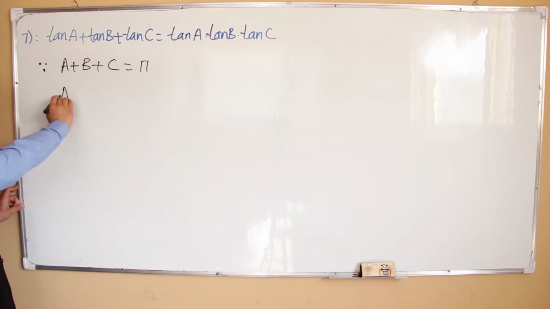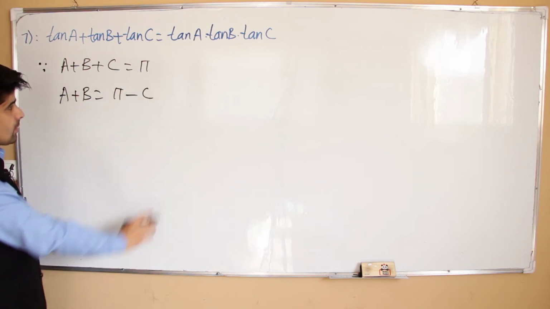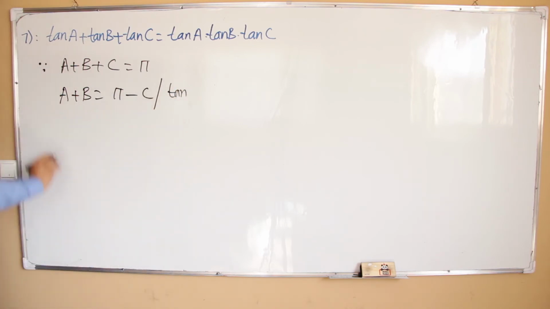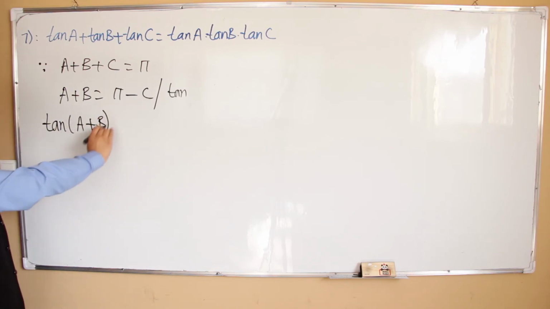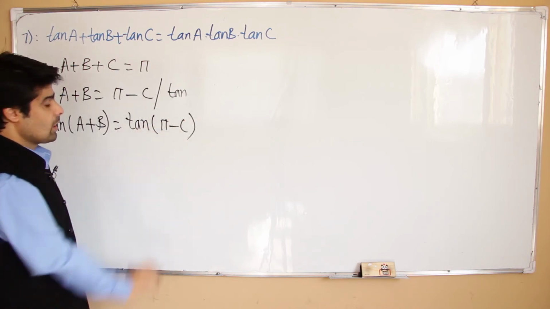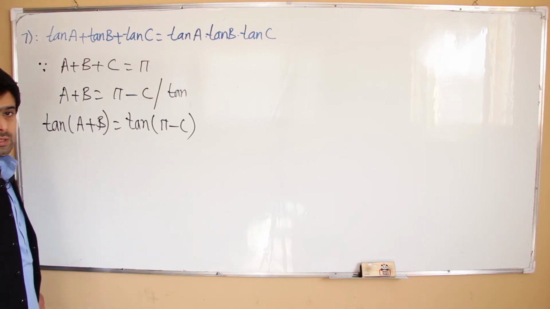So A plus B, can I write this one as pi minus C? Yes. I will take tangent of both sides. It means I will calculate the tangent of the left side and tangent of the right side. Now, what does it look like? I think it looks like alpha plus beta.